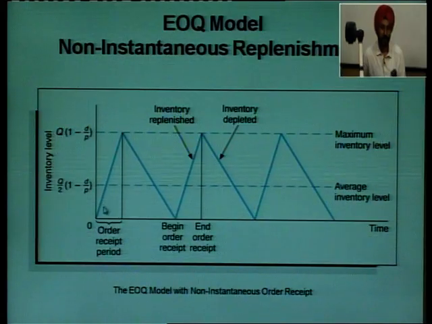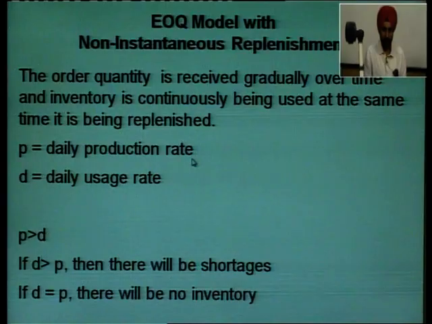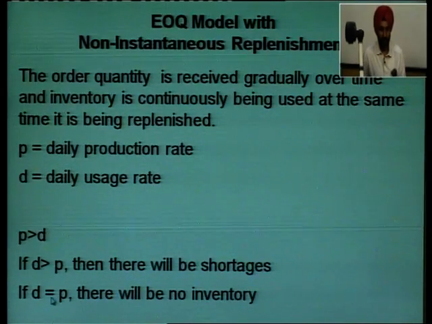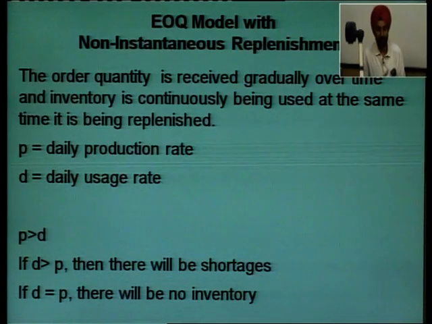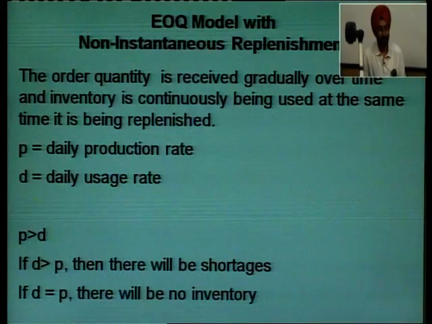Okay. So only then this issue arises, otherwise if D is equal to P for instance, then there will be no inventory. Okay, रोज ਦੇ 20 यूनिट आए और रोज ਦੇ ਅਸੀਂ 20 कंज्यूम कर लें, there will be no inventory.